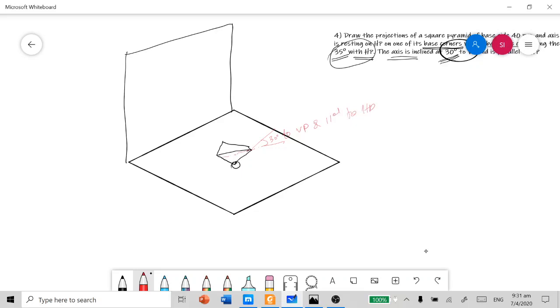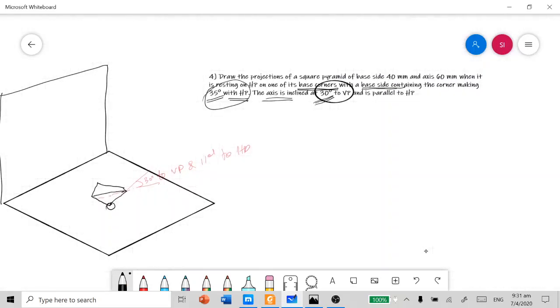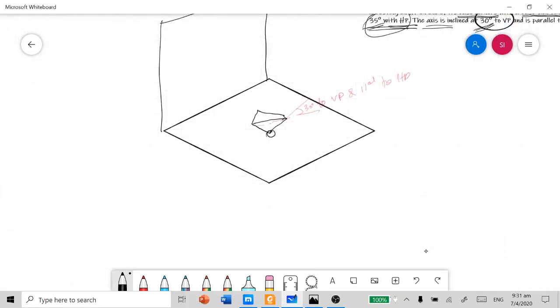At the same time, one more inclination we need to consider here: the base side containing the corner making 35 degree with HP. Whenever a square pyramid rests on HP with a base corner, two base edges are in contact with that particular corner.